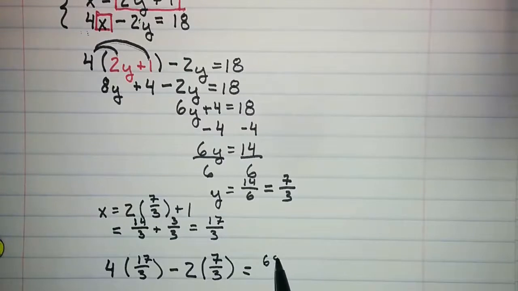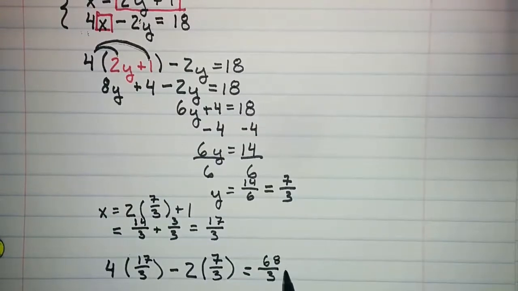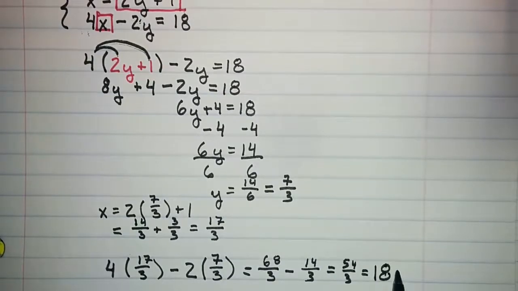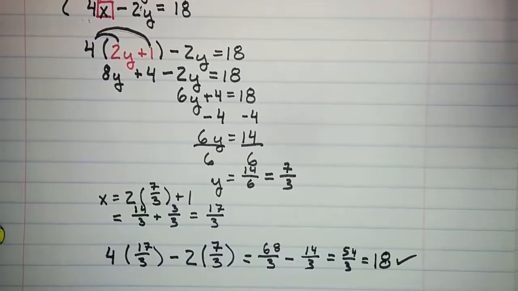This will be 68/3 minus 14/3. So that's 54/3. 54 divided by 3, that is indeed 18. All right, so that checks out.